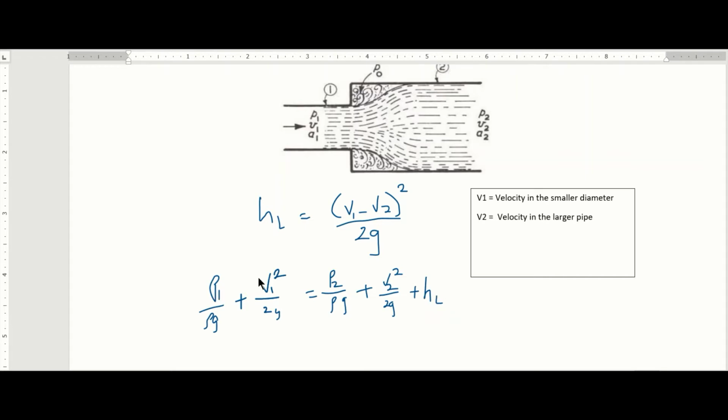So this is a formula we can use to find the pressure difference at point 1 and at point 2, and we can do this using the Bernoulli equation, which we have covered in our previous classes.